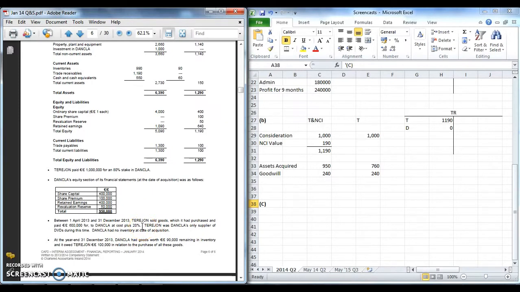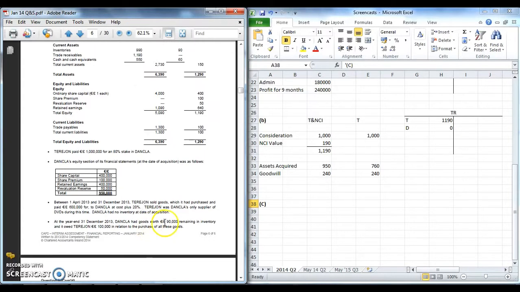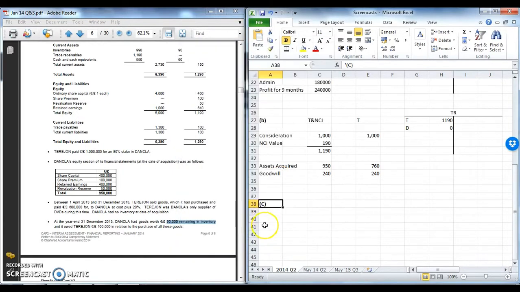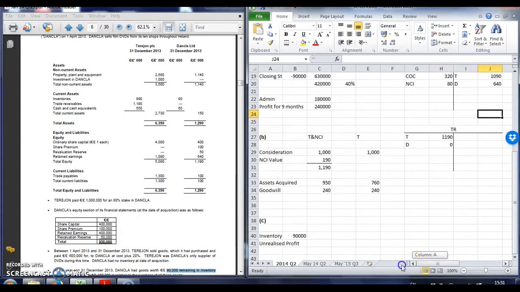But because we're not doing an SOFP, we're not worried about making those adjustments. What we are worried about is any unrealized profit if any of those goods are still in inventory. And we're told 90,000 of those goods are still in inventory. So we look at inventory, 90,000, and we want to figure out how much is the unrealized profit.